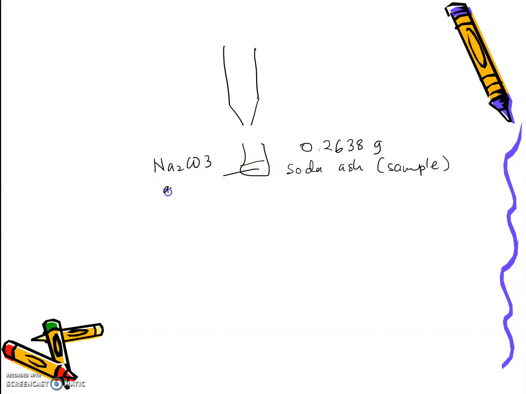Sodium carbonate is the analyte. Okay, so titrate with standard solution HCl. So the standard solution has known concentration or molarity, 0.1288 molar.